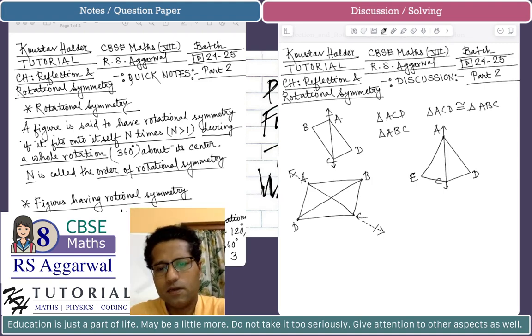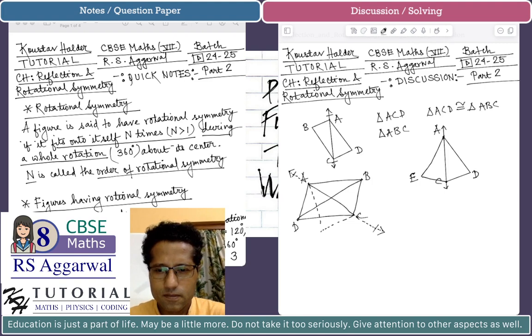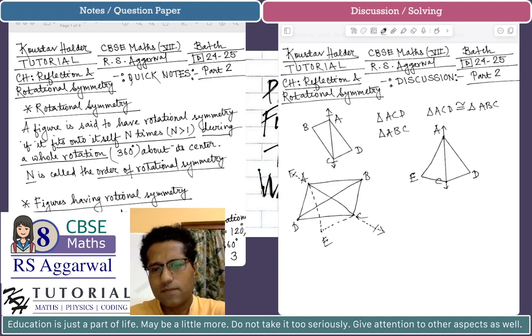So for example, the mirror image of the triangle ABC above the diagonal AC will be something like, I may not be able to draw it correctly, but something like this: AEC. The triangle AEC is looking identical to the triangle ABC, and they are mirror images of each other about the diagonal AC.